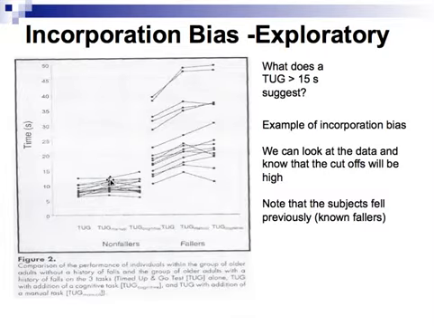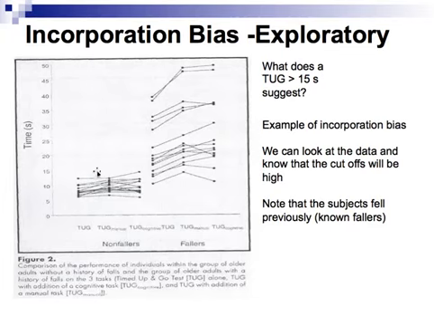Essentially what they're doing here is trying to come up with a cutoff for this test. In this particular case it's both a case control study and it's exploratory, because they don't really know what value to use to distinguish the fallers from the non-fallers. If we drew a line here at 15 seconds, basically all of these people would correctly be identified as fallers, and these people to the left would be identified as non-fallers.